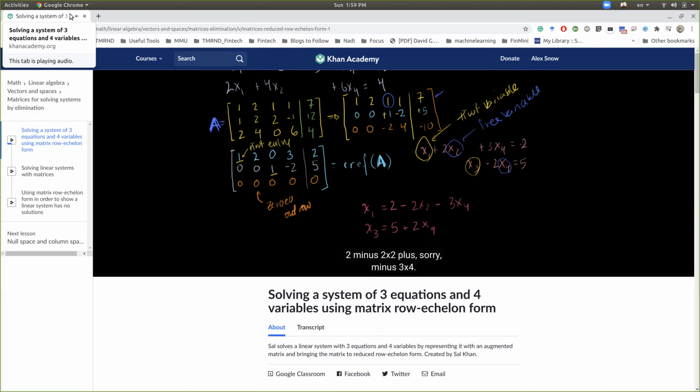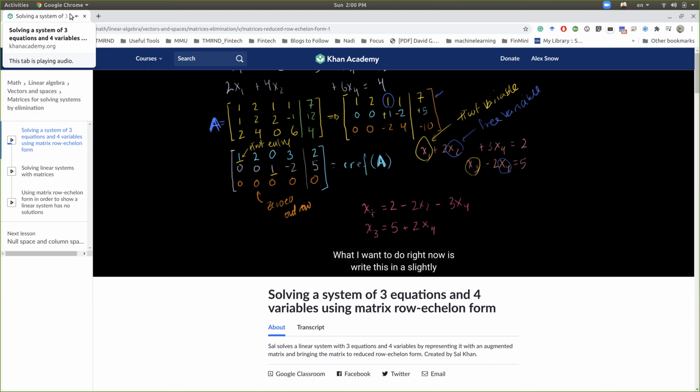Right, I just subtracted these from both sides of the equation. Now this right here is essentially as far as we can go to the solution of this system of equations. I can pick really any values for my free variables. I can pick any values for my x2s and my x4s, and I can solve for x1 and x3.